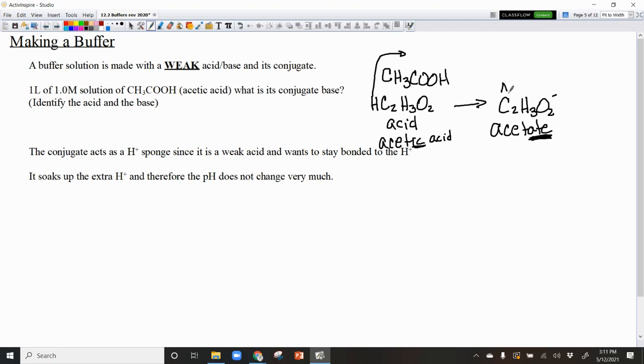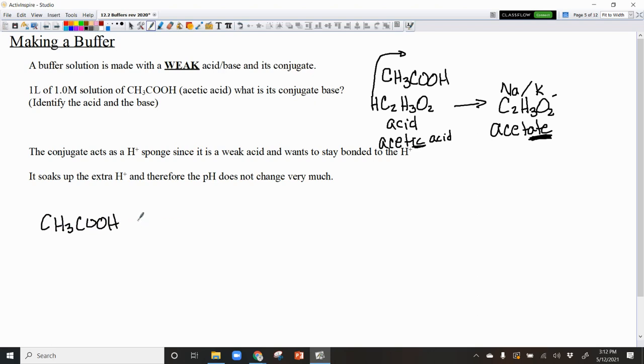So you'll see this is either a sodium acetate or a potassium acetate solution. Okay, so this is the acid, acetic acid, and its conjugate base is the acetate ion.